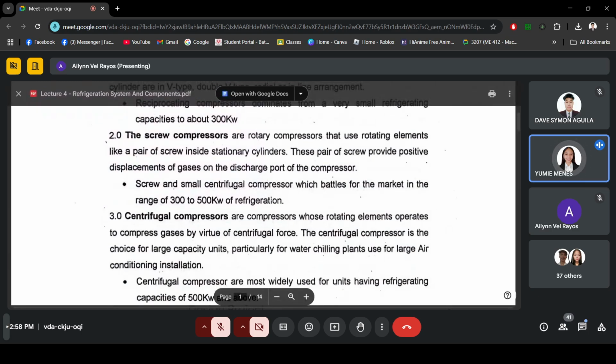The screw compressors are rotary compressors that use rotating elements like a pair of screws inside stationary cylinders. This pair of screws provides positive displacement of gases on the discharge port of the compressor. Screw and small centrifugal compressors battle for the market in the range of 300 to 500 kilowatts of refrigeration.